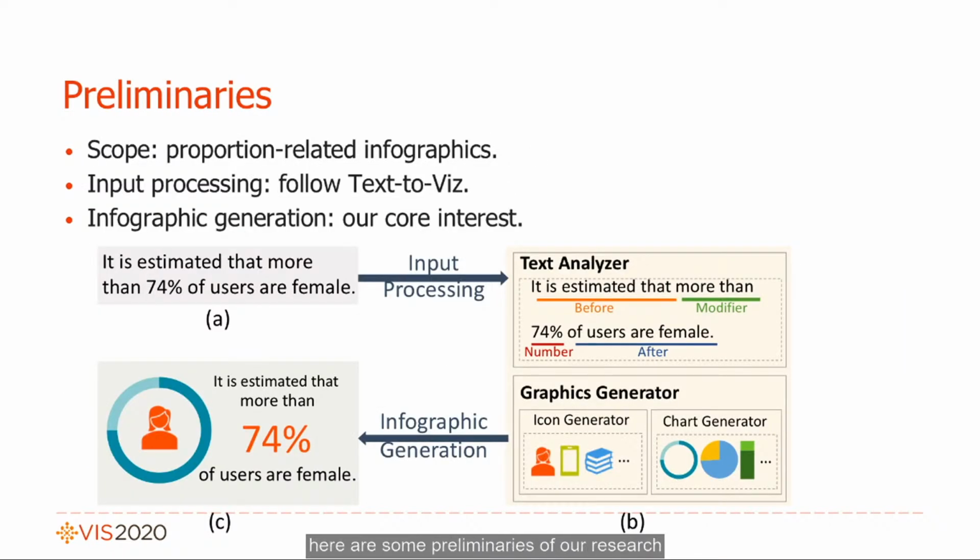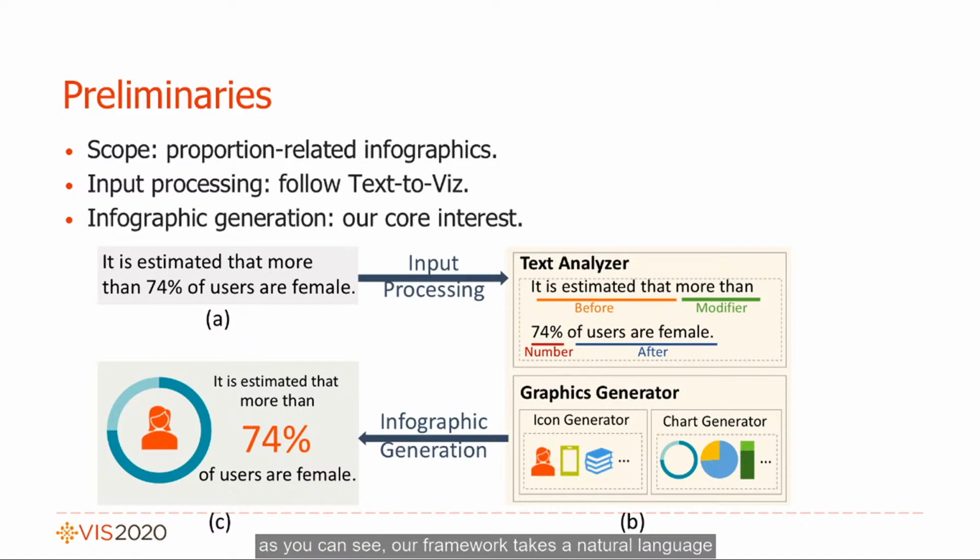Here are some preliminaries of our research. First of all, considering various types of infographics, it is impossible to cover every category in one work. As a first step, we focus on the proportion-related infographics, which are most frequently used and whose design space is well studied in the previous research, text-to-VIS.